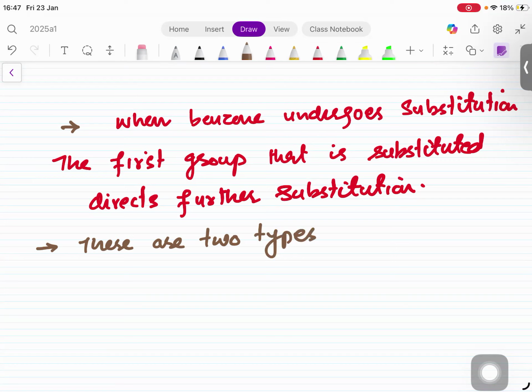There are two types of groups. There are two types of groups. Number 1, 2,4 directing groups.